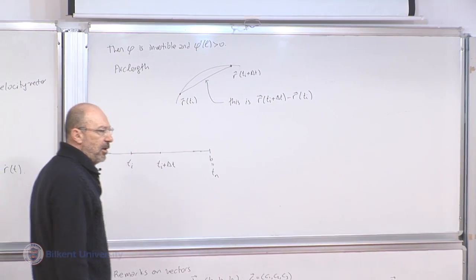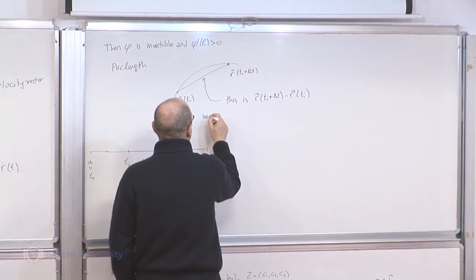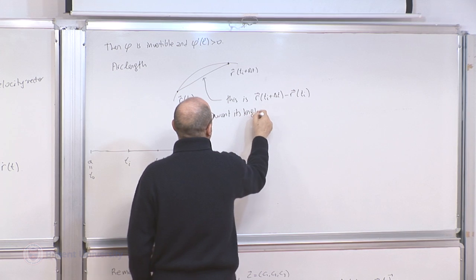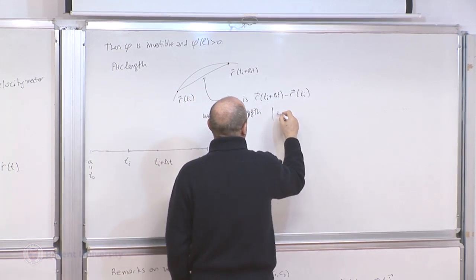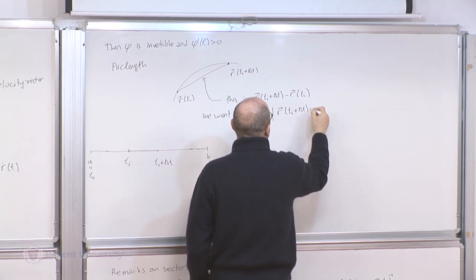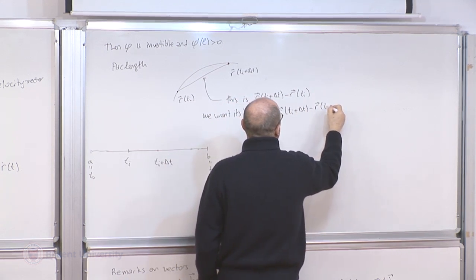We are interested in its length, so we will look at the absolute value of R of Ti plus delta T minus R of Ti.